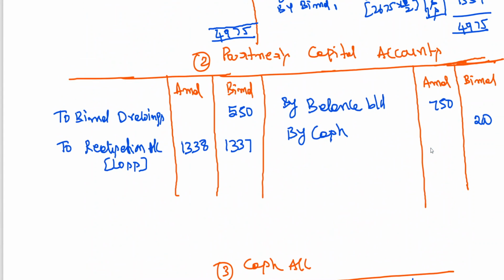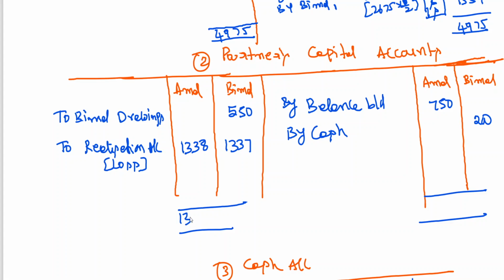So partners capital account, let me close. In this case, partners capital account is showing debit balance 1338. 1338 minus 750 is coming to 588. This is what he's supposed to bring, but he's unable to bring this. This is what we will be transferring to deficiency account. Then there is no question of transferring that in profit sharing ratio. If you transfer again, you may get further deficiency. Be watchful. I think the explanation has to be very clear there.